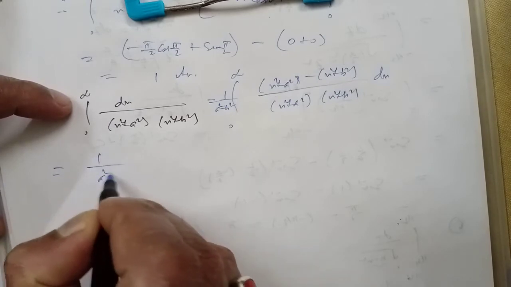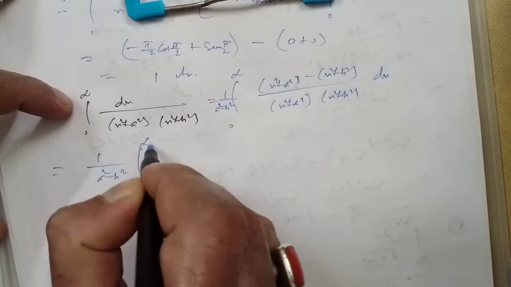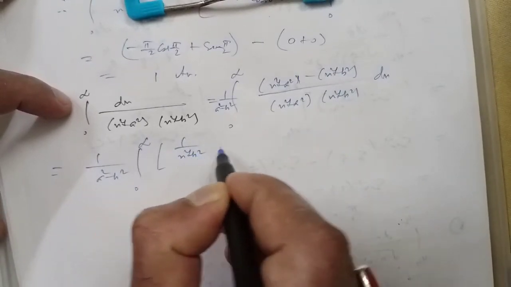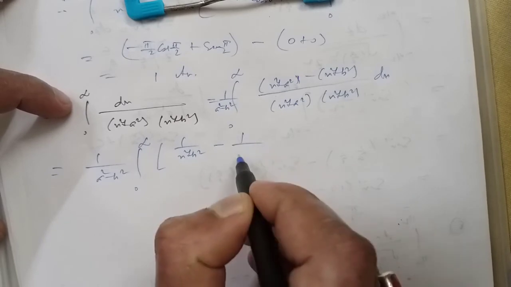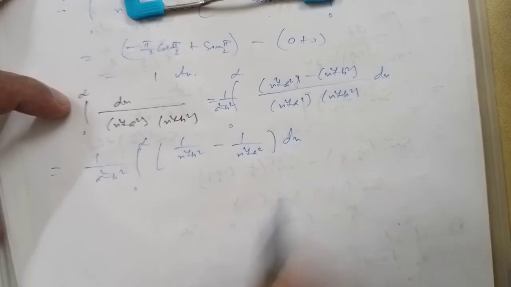Now 1 by a square minus b square integration 0 to infinity, this by this becomes 1 by x square plus b square minus 1 by x square plus a square dx.